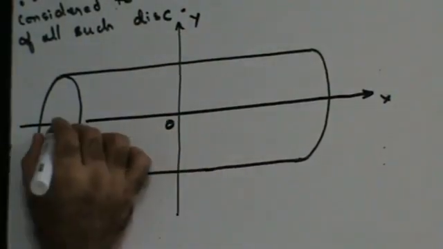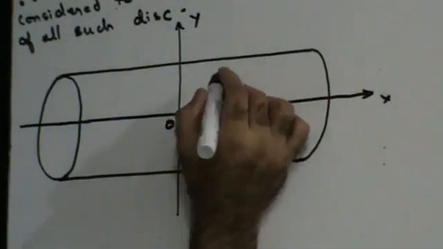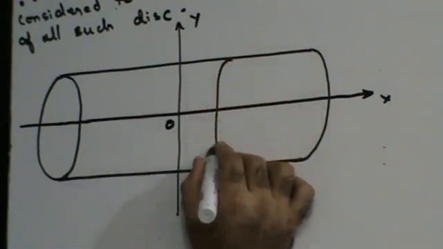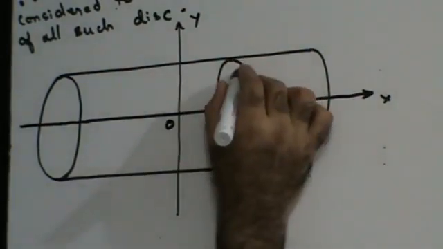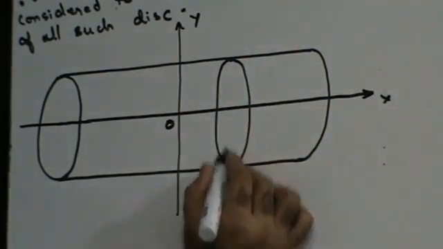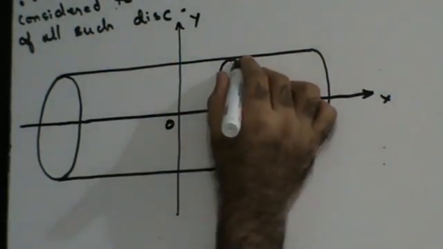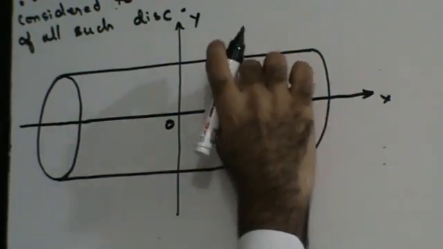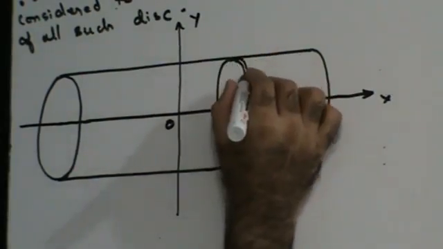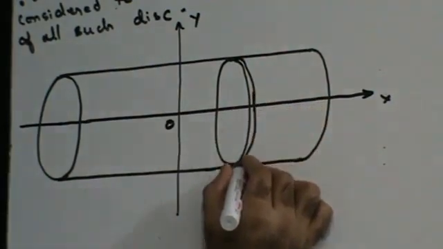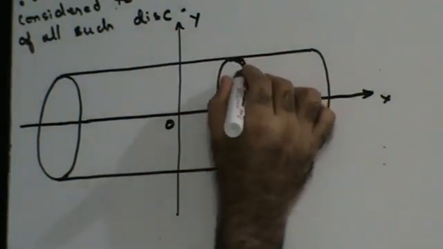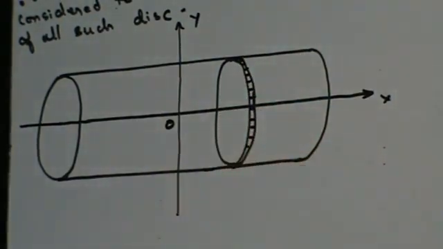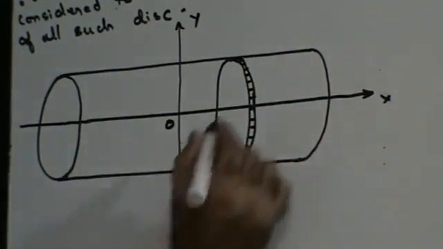Let this point be O. Let's take a small disc of the cylinder.